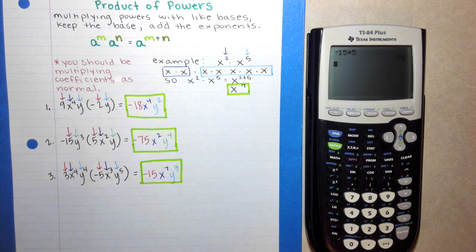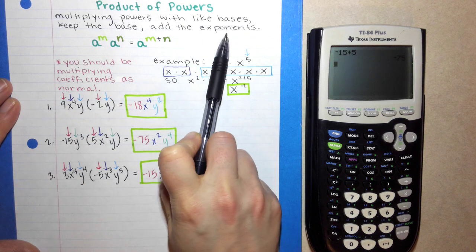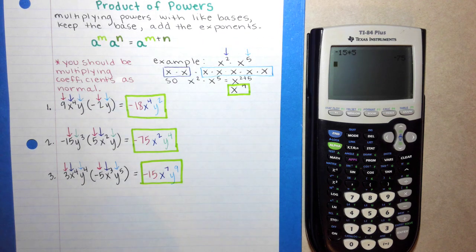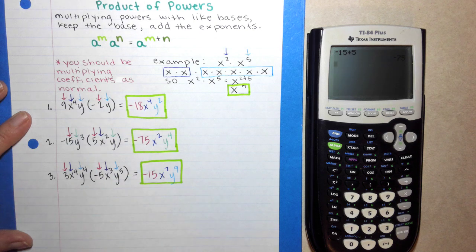All right. Hopefully you're starting to get the hang of this. It's fairly straightforward. If you can just look at the rule and then do what it says, then you should be fine. And like I said, the only thing you have to remember is those coefficients you multiply as normal.